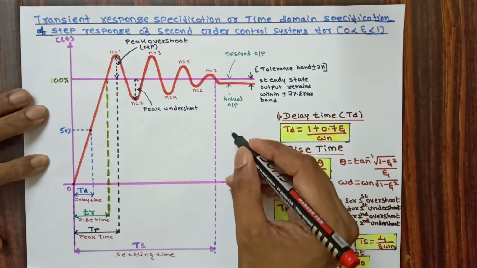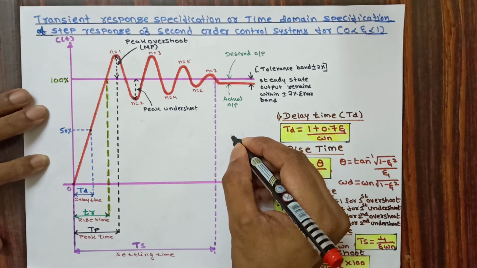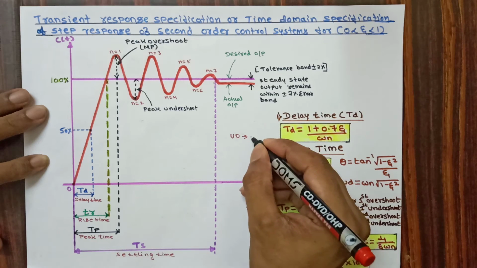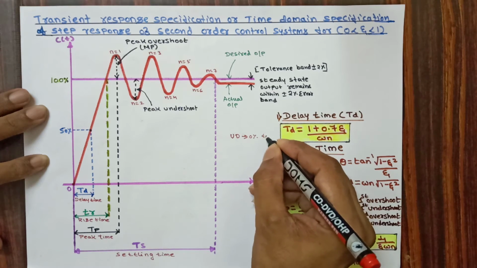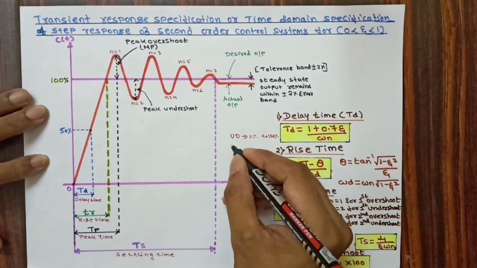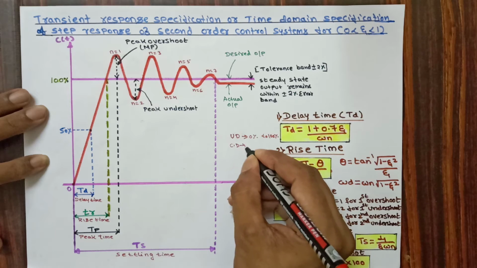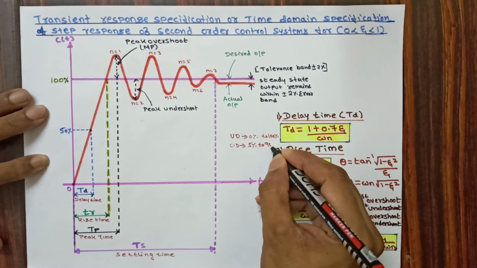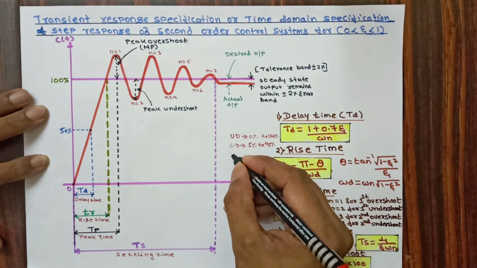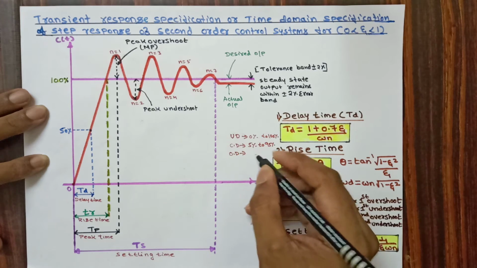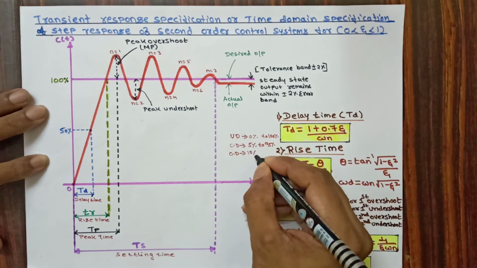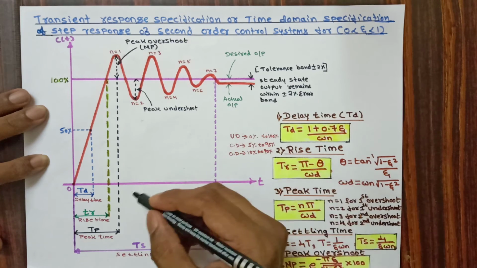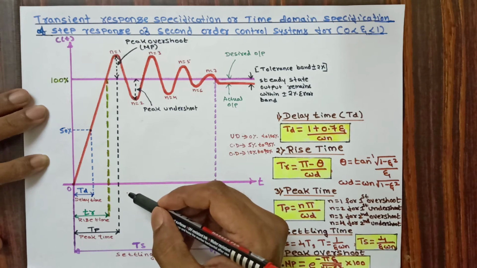You need to remember for underdamped we will consider rise time 0% to 100%, whereas for critically damped we will consider rise time measurement from 5% to 95%, and for overdamped we will consider rise time measurement from 10% to 90%. These are the different methods we are going to use for different zeta values.